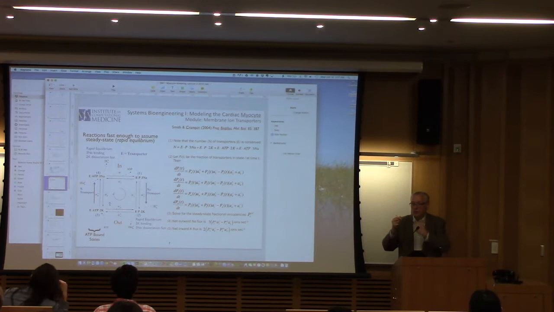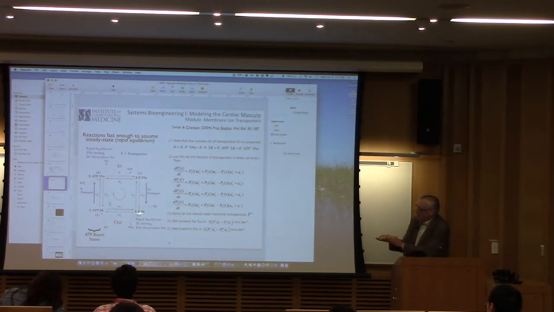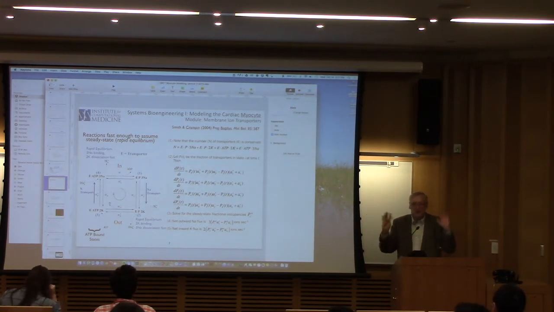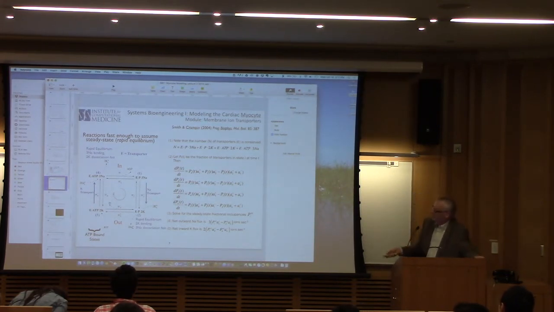And so the model doesn't explicitly describe the process of sodium unbinding and then potassium binding. The model assumes it all just happens instantaneously. We're not going to bother with the kinetics. It happens so fast. These other kinetic processes are what are controlling the dynamics of the system. So we're just going to ignore the details of that unbinding of sodium and binding of potassium.